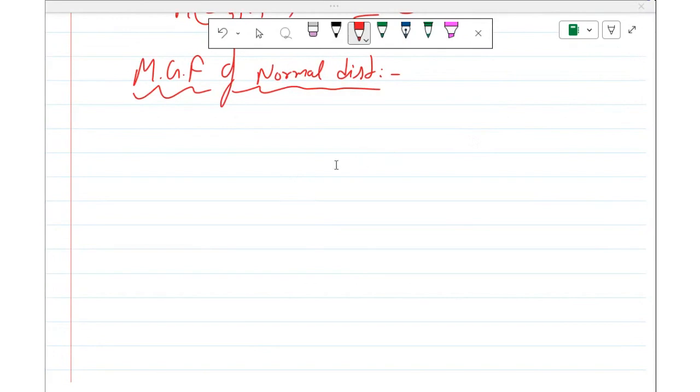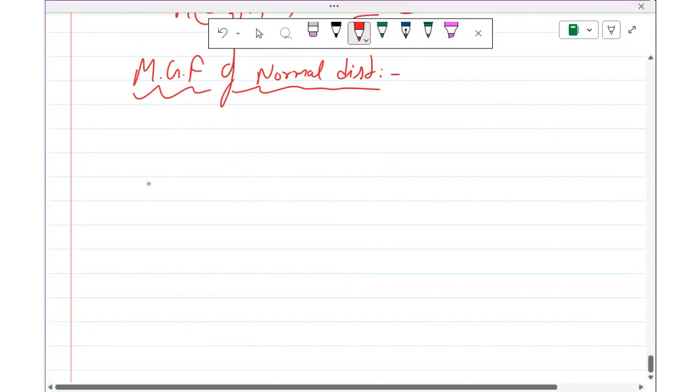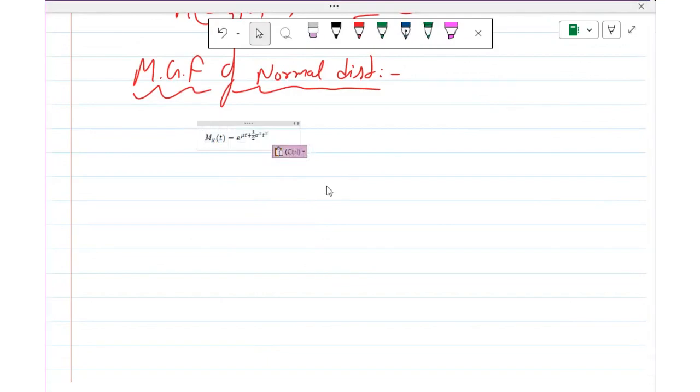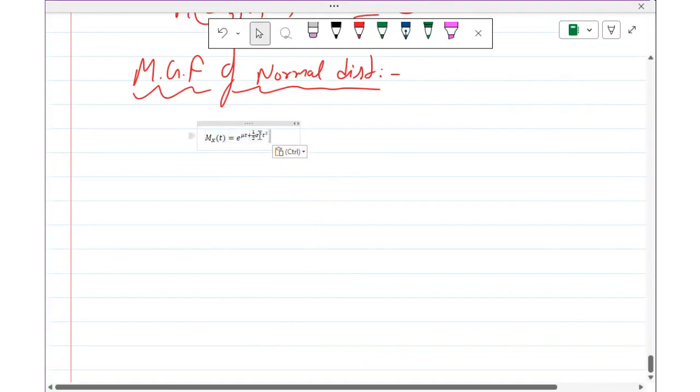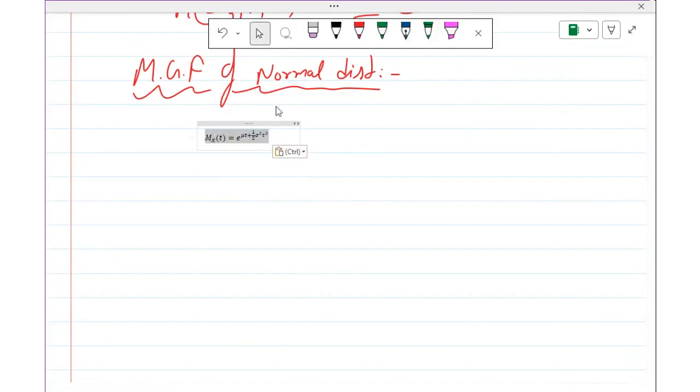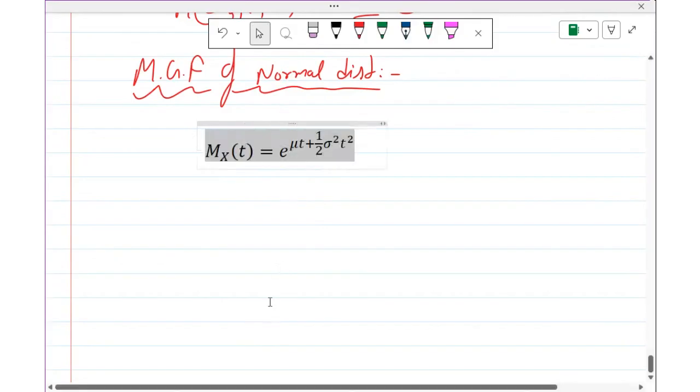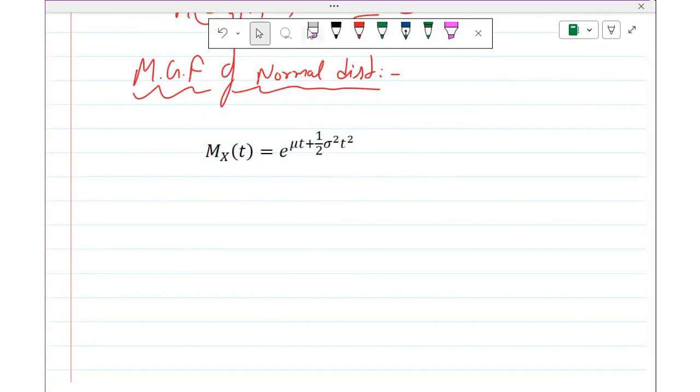Let me just copy it because, as I told you, I don't remember. So this is the MGF of the normal distribution.